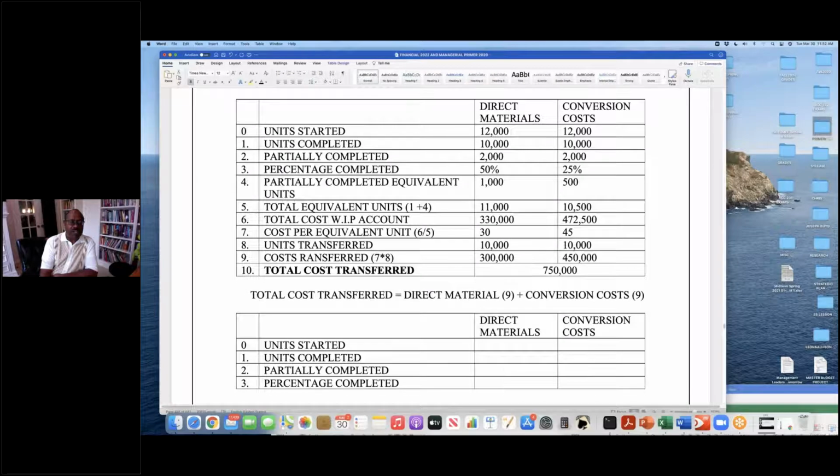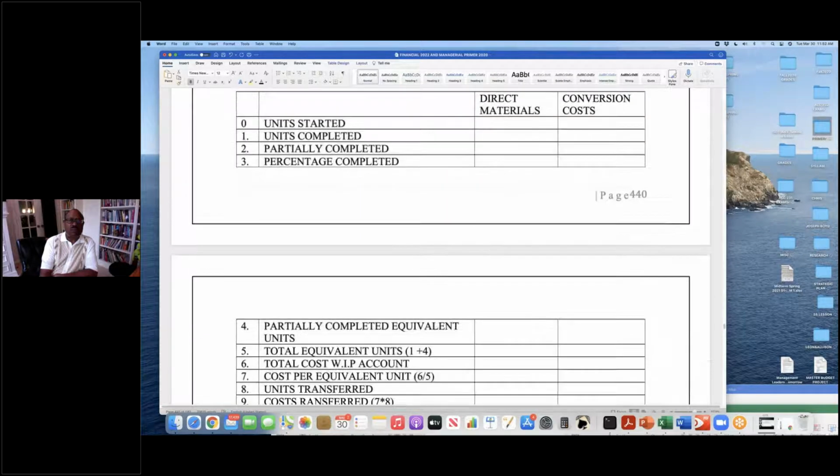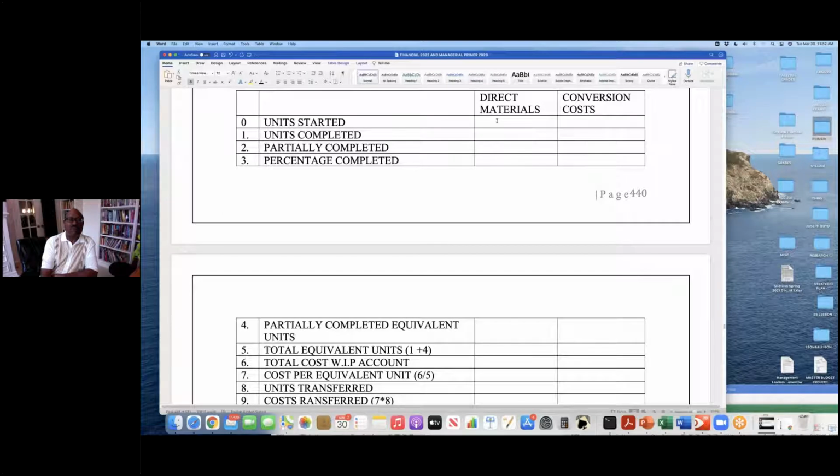So how many units did we start? 10,000. Or would it be the number completed? 8,000.